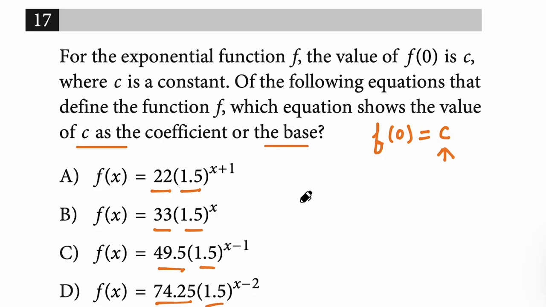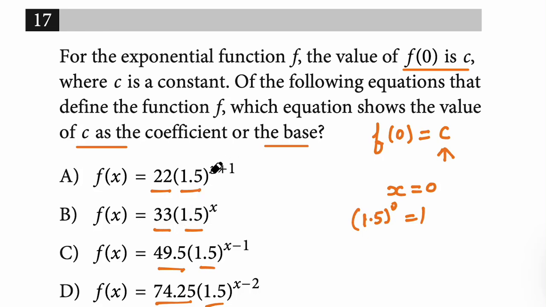Now we know a property that when x is equal to 0, the power will become 0 and that will be equal to 1. So here, if x is 0, you will be left with 22 only. Now you will say, why can't we put x as negative 1? No, it is given f of 0 is equal to c. So you have to replace x with 0 and check which of the options gives you a constant or the coefficient.